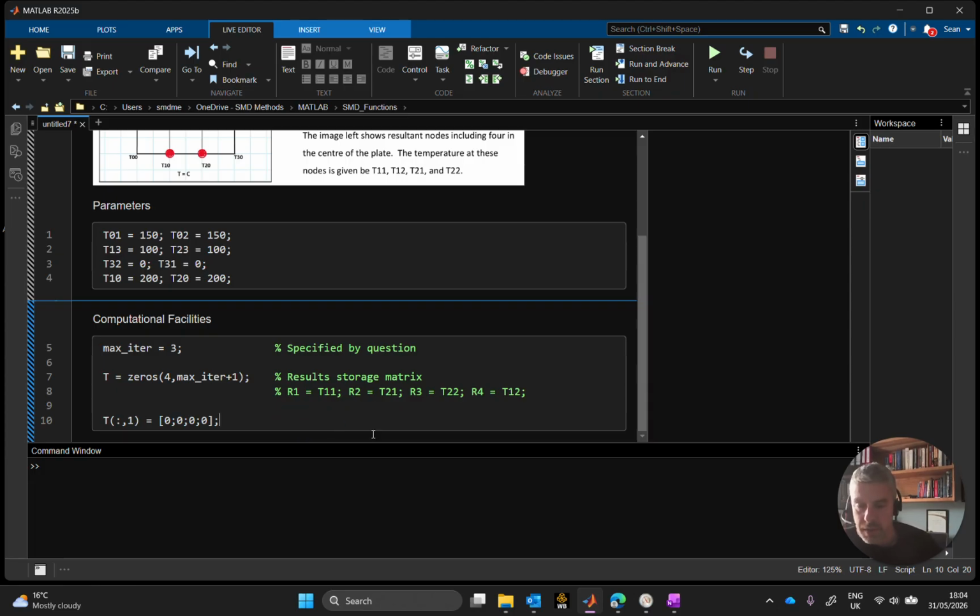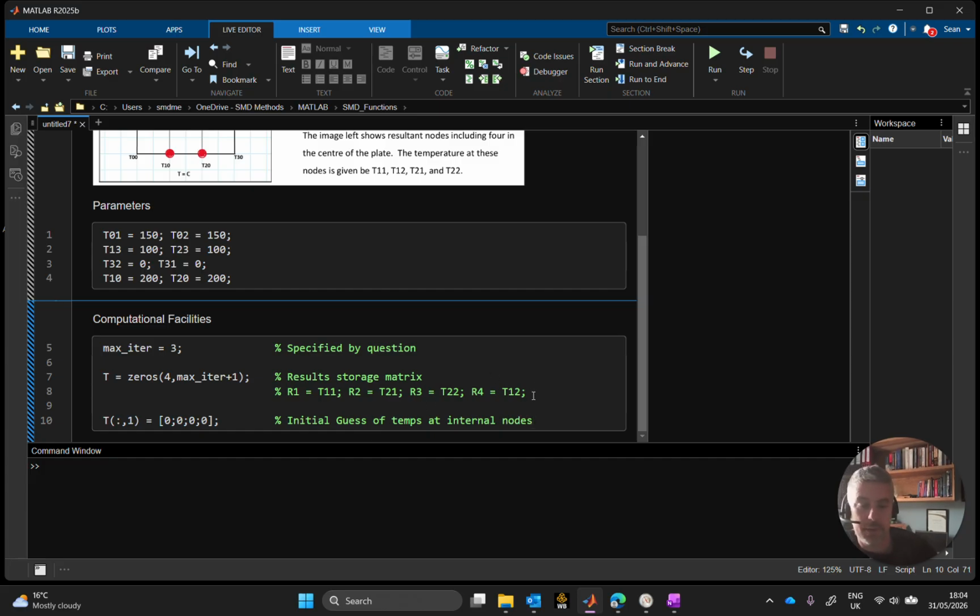So that's going to give us this, and this is going to be our initial guess of the temps at the internal nodes.